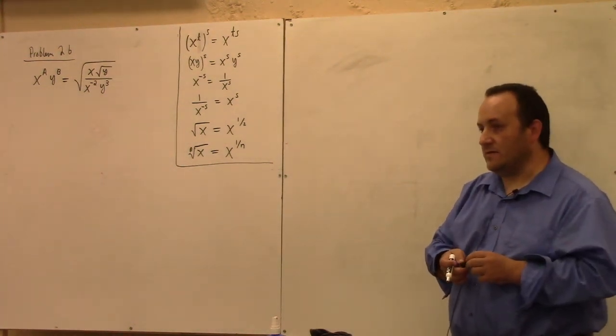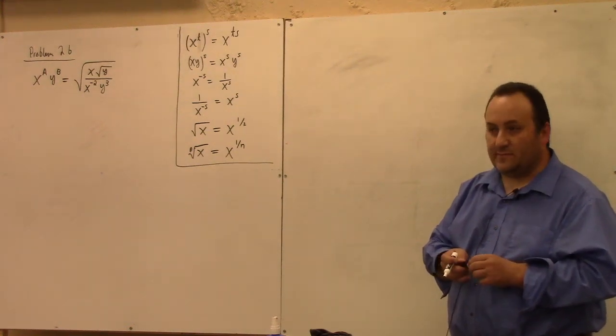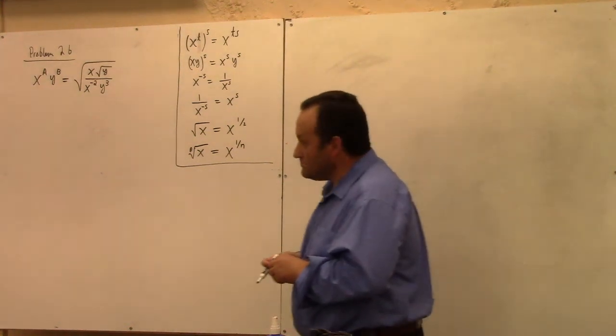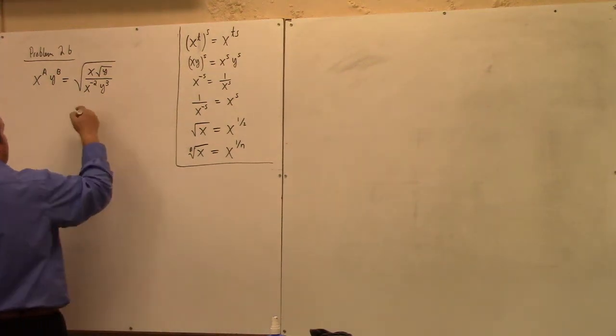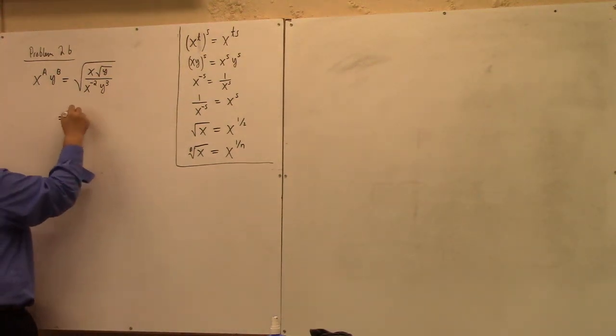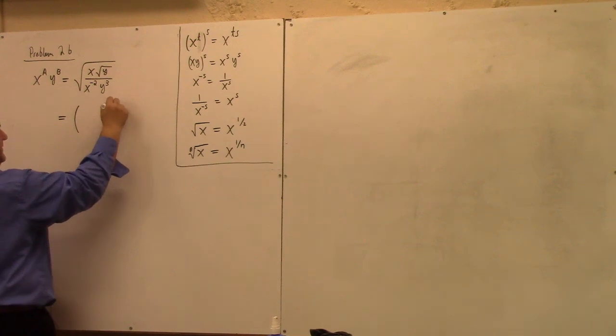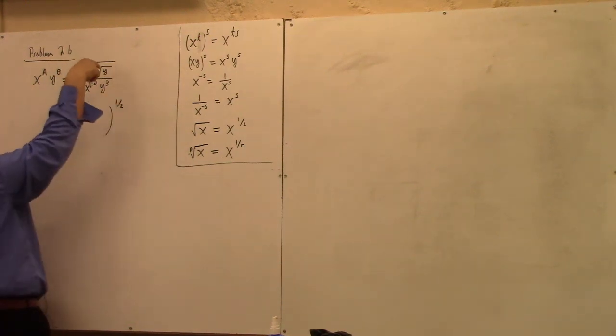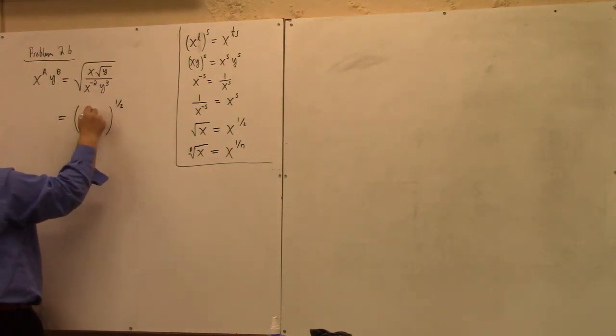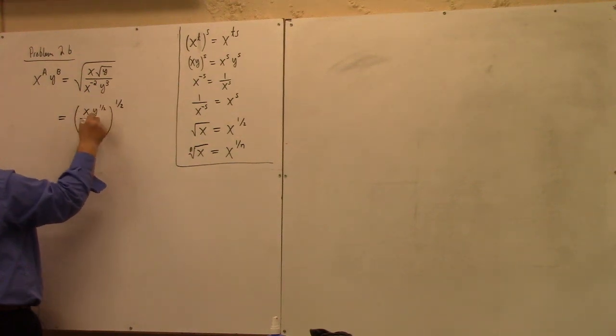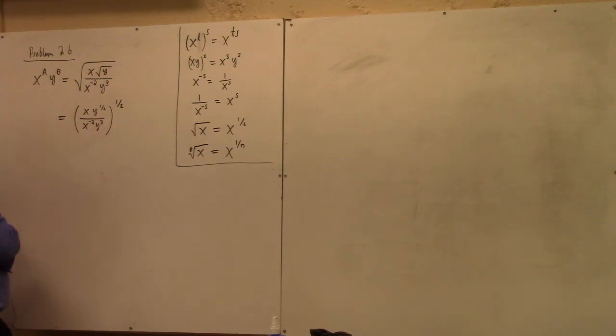I try to get away from the radical notation as fast as possible. So let's get rid of the radical notation: everything to the 1/2 power, that outside root, x, and y to the 1/2 power inside, over x to the minus 2, y to the 3rd.